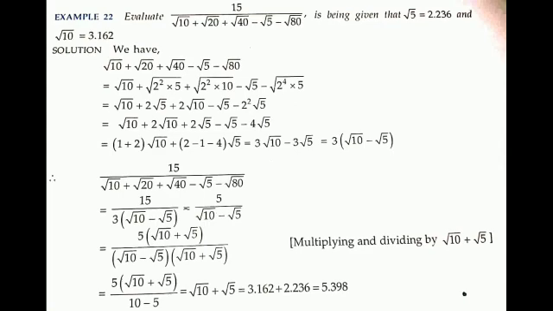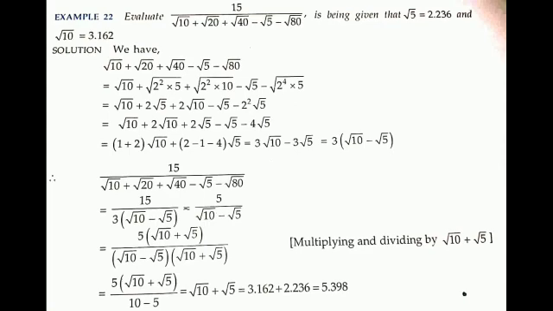In this question, first of all, we will focus on its denominator and try to simplify the denominator first. So we have root 10 plus root 20 plus root 40 minus root 5 minus root 80. Try to simplify it and bring it in the form of root 5 or root 10 or in simple integer form.